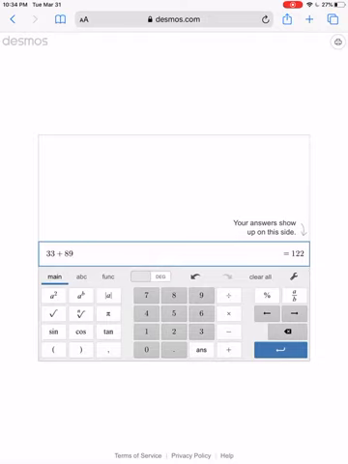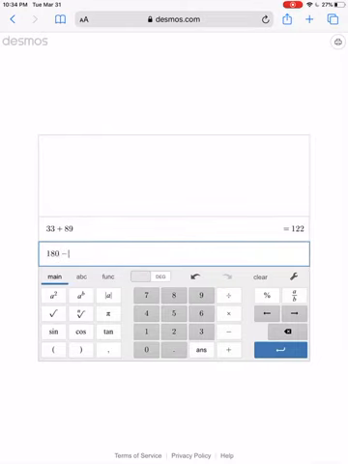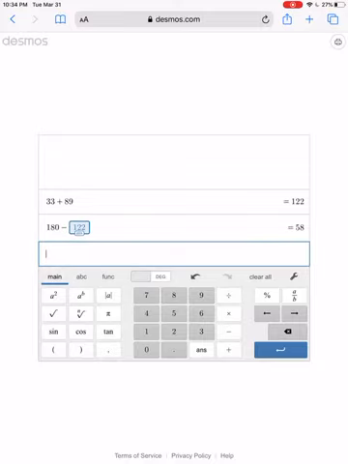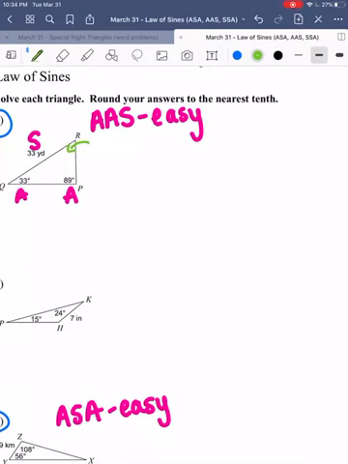That's 122. Now I'm going to hit the enter arrow button, and now I'm going to do 180, and then do you see this button here that's the answer button? Oops, I forgot to subtract, and then click the answer button. That's super nice, it pulls it down for you. So we know our answer is 58 degrees. I don't really need to draw the arrow there, I don't think.